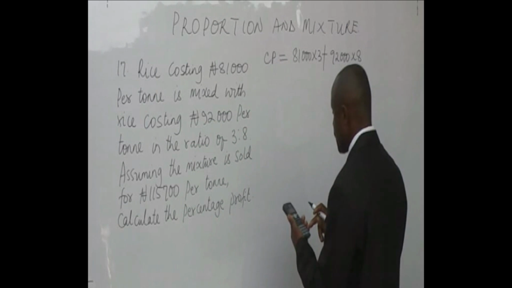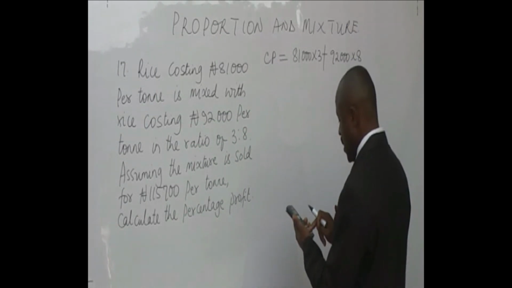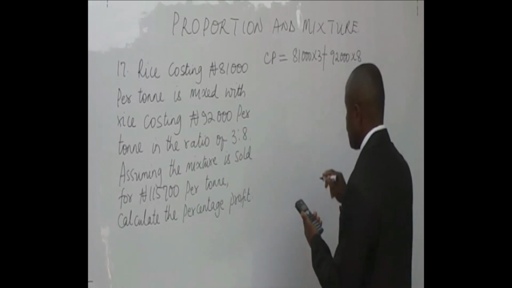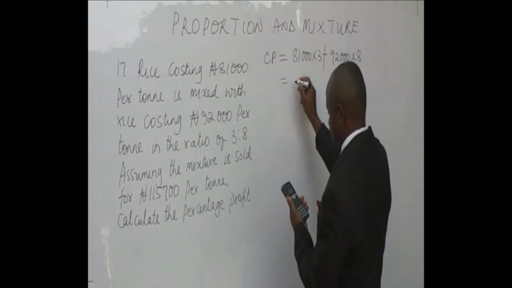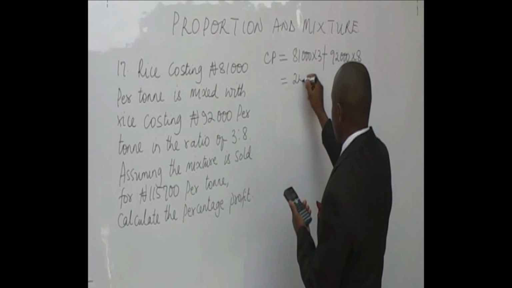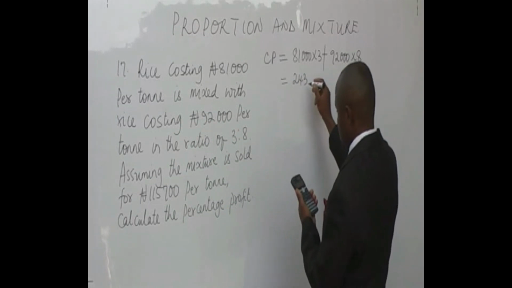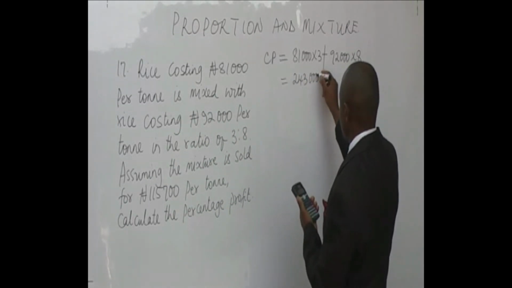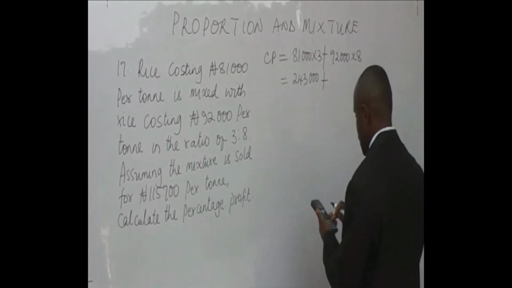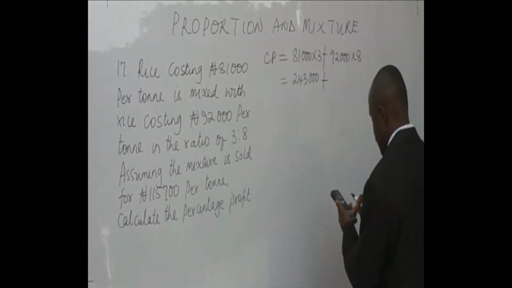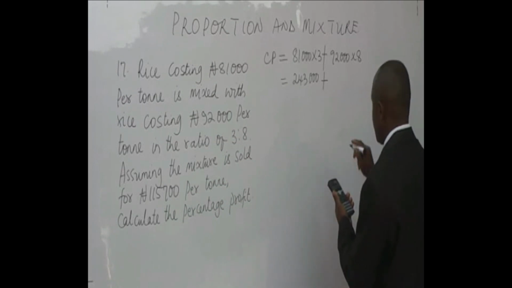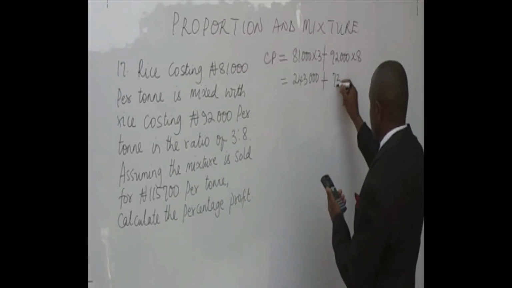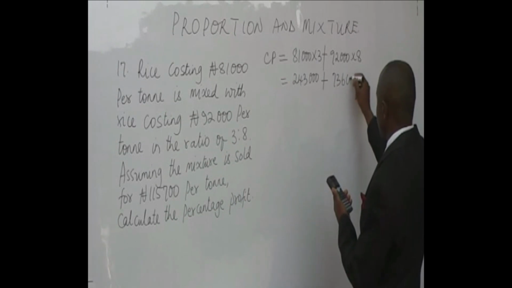So let's multiply. 81,000 times 3 is giving us 243,000 plus 92,000 times 8 is giving us 736,000.